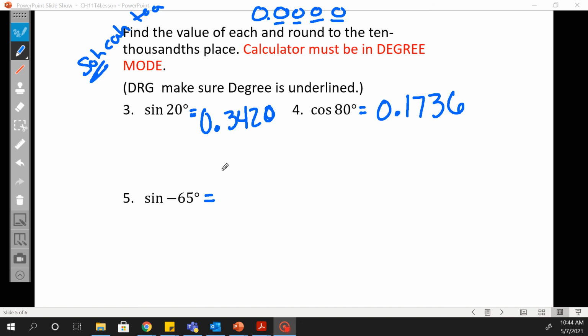And you can also do negative angles. We'll talk about later exactly what a negative angle is, but we can calculate it and it will give me the ratio. So that's negative 0.9063. So we can calculate the sine function and the different functions in our calculator.